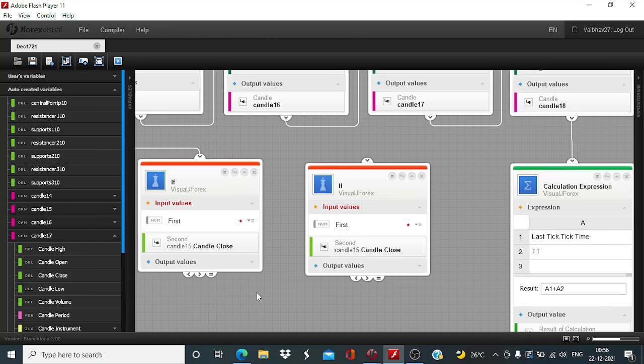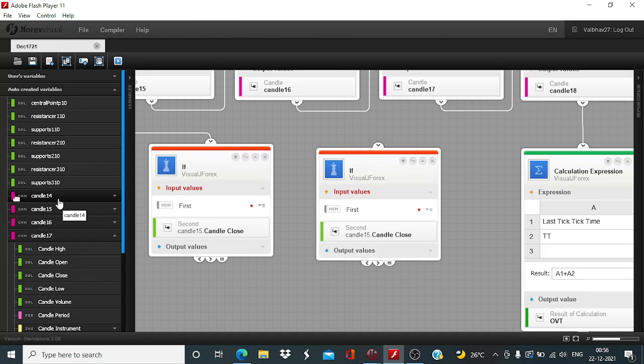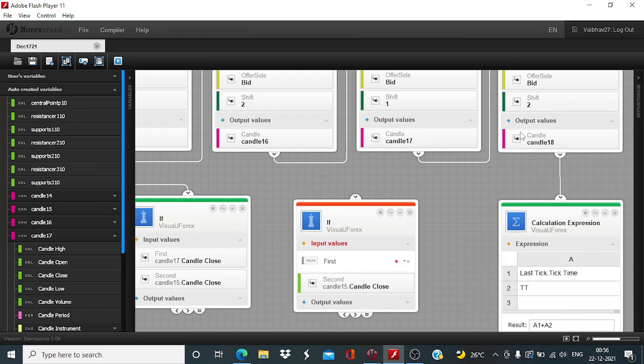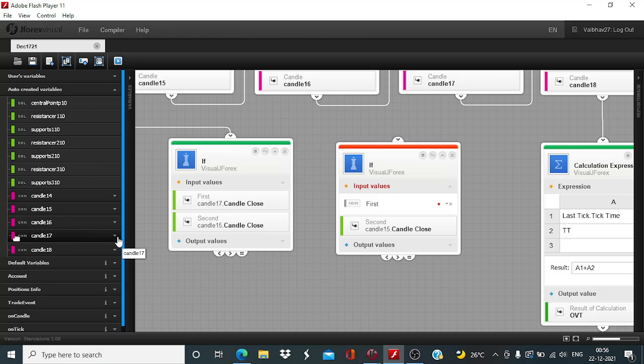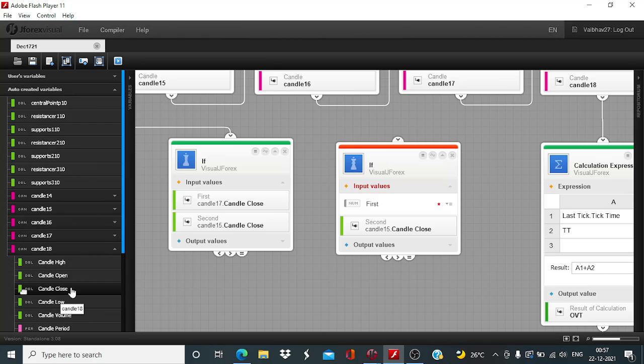So we have candle 17 candle close and candle 18 candle close.